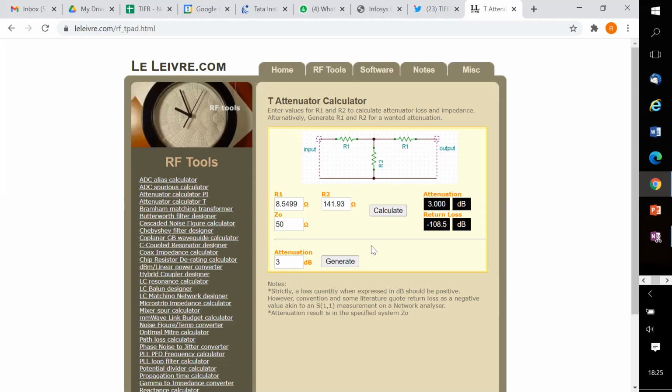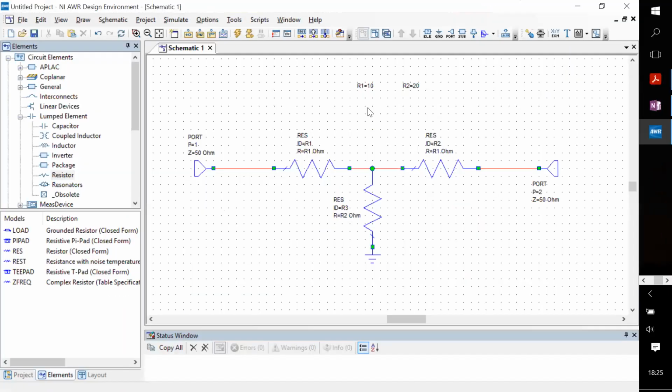Let's enter these numbers in here: 8.54, 141.93.